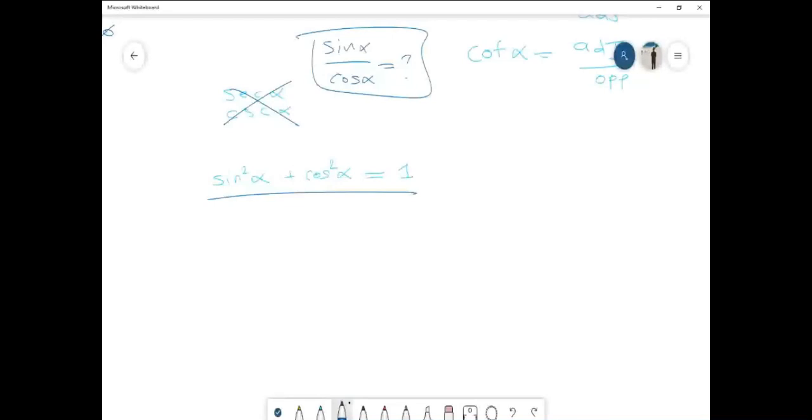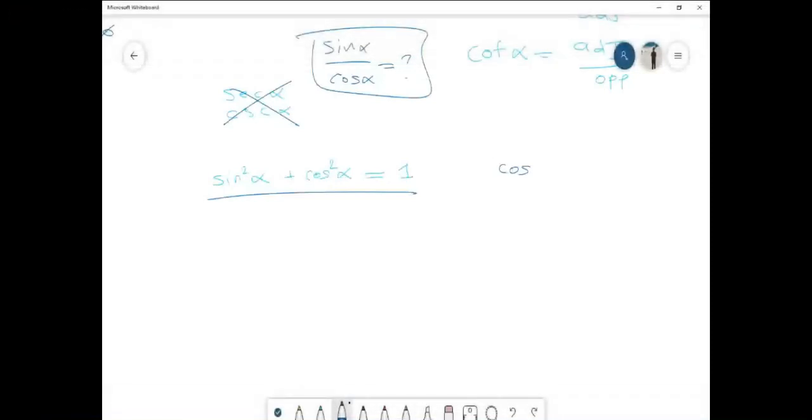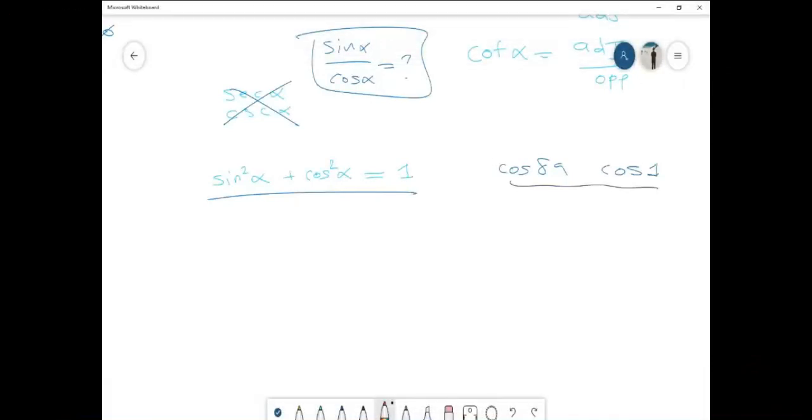Which is bigger, cosine 89 or cosine 1? It's really important, by the way. If you're going to study engineering, it will be really important for you to understand and feel this.